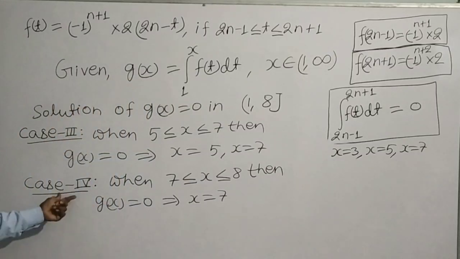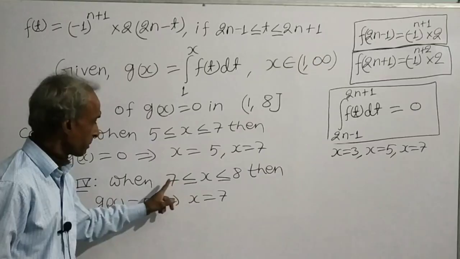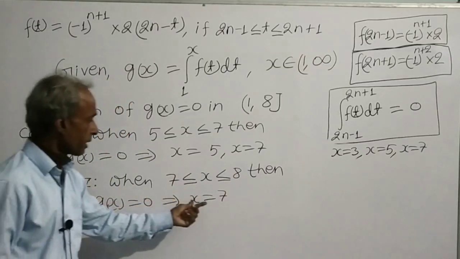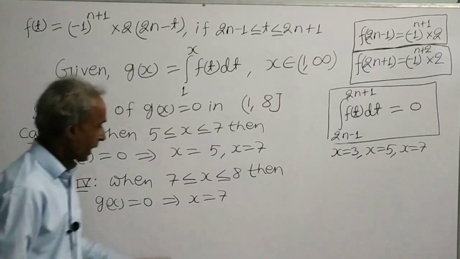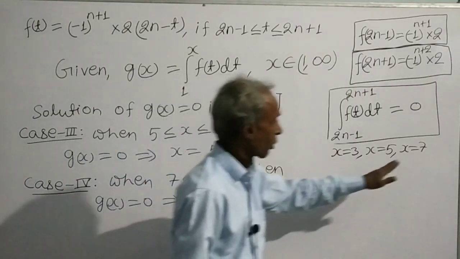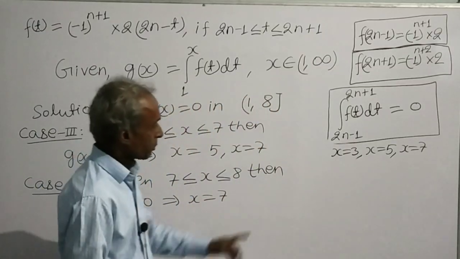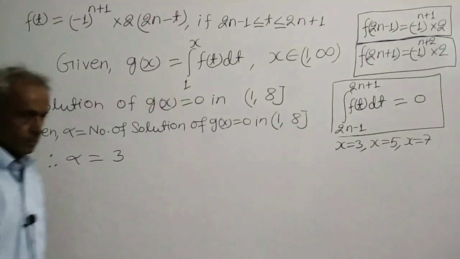And in case 4, when x lies between 7 and 8, we get only one solution, x = 7, and this solution has already been written here. Thus, we get these 3 solutions.